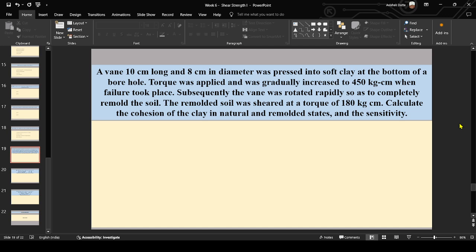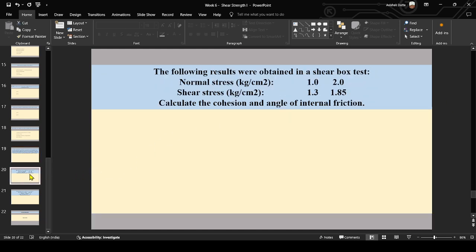Calculate the cohesion of the clay in natural and remolded states and the sensitivity. Next question.